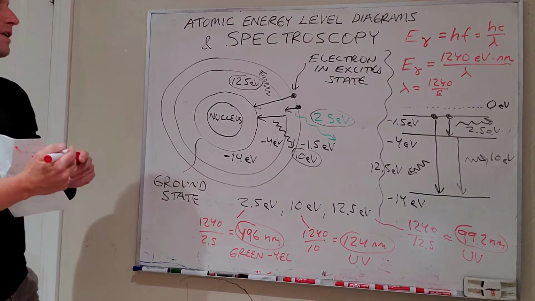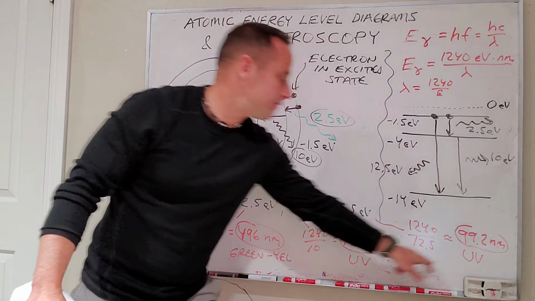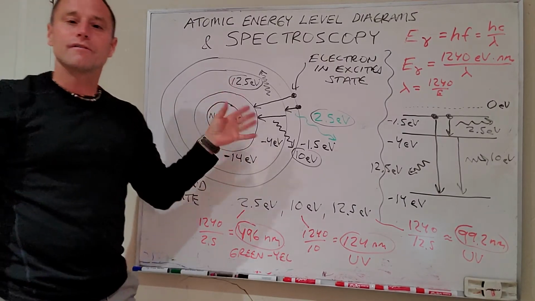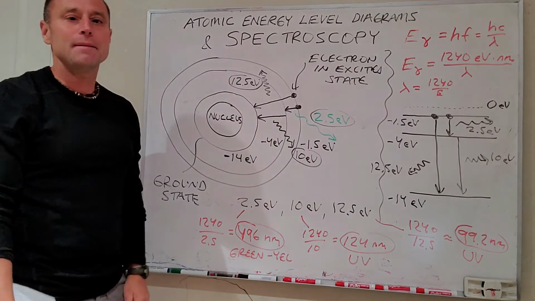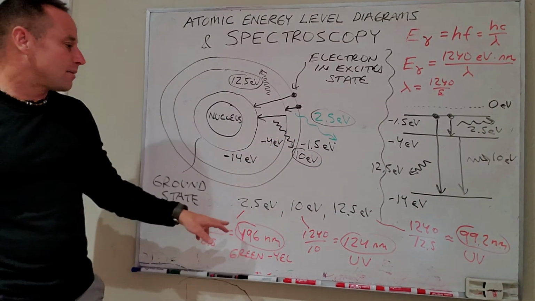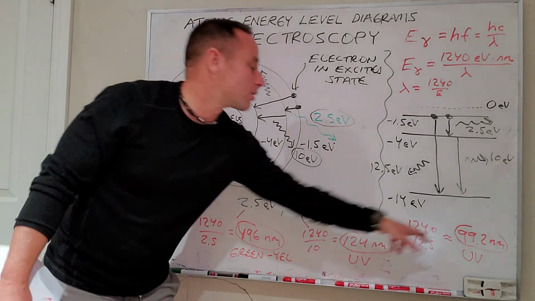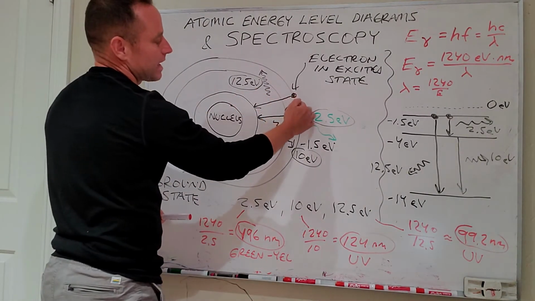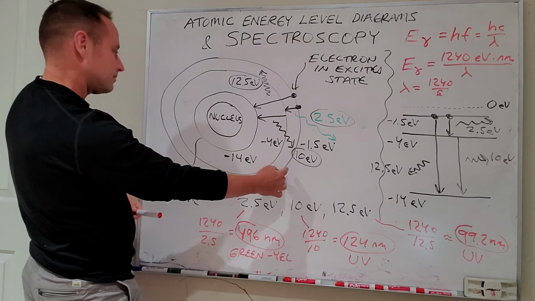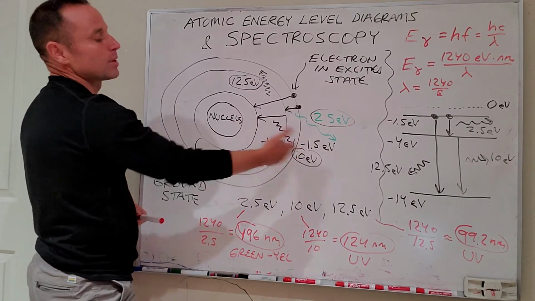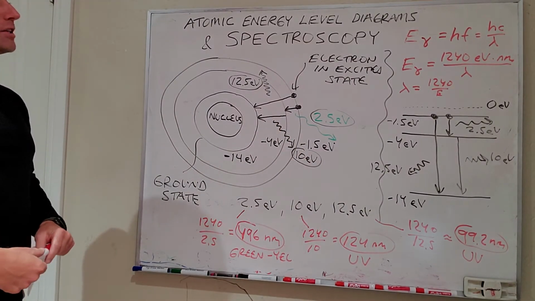So these very particular UV photons and this particular green-yellow photon would be part of the fingerprint of this atom. So an atomic spectrum for this atom would be these very particular wavelengths and not others. You can't have a transition that's, say, 9 eV. There's no 9 eV gap between any of these energy levels.